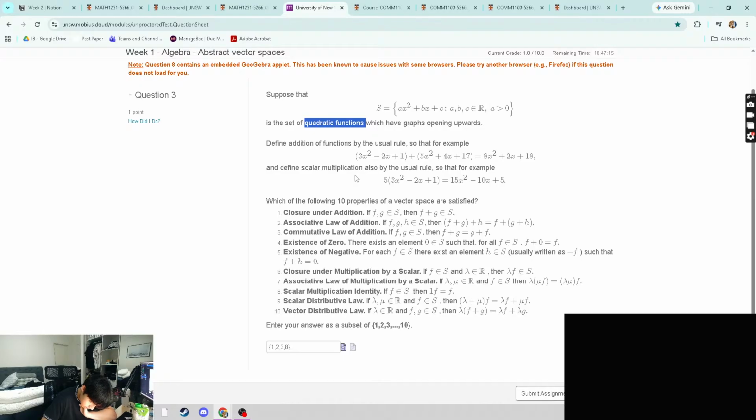So we can't have linear, nor constant. So that tightens things up a little bit. Okay. Maybe that's it.